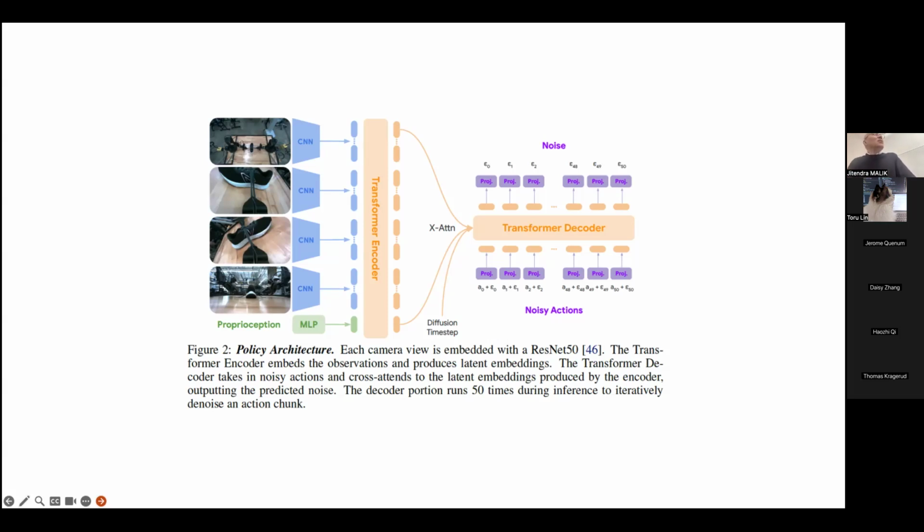So that's what you are seeing here: A0 plus epsilon 0, A1 plus epsilon 1. Once I've predicted epsilon 0, epsilon 1, and so on, by subtraction I get the actions. They do it in chunks of like 50 time steps, and it's a little bit like the MPC style: you act, you get observations, you act again, and so on.